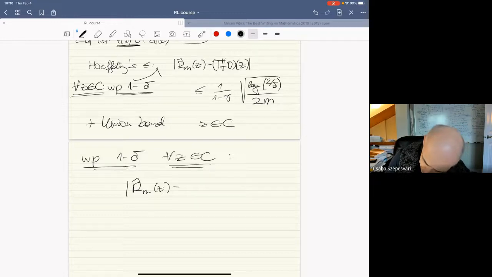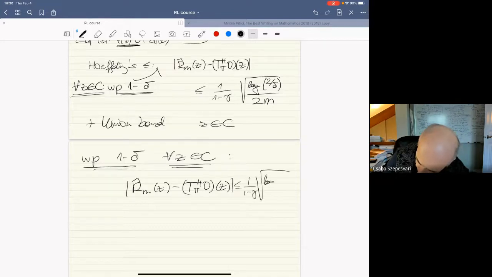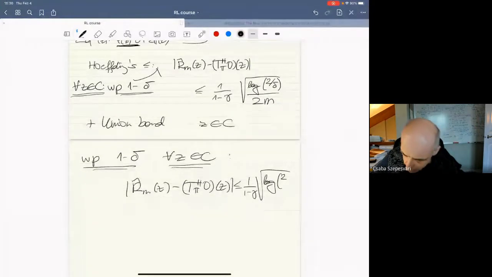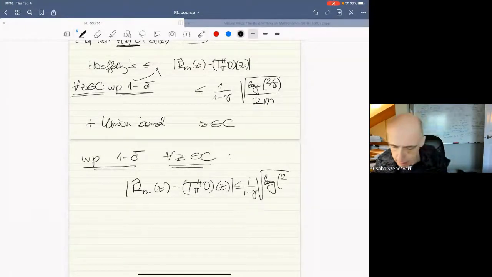These deviations... as I said, the failure probability is equally split.